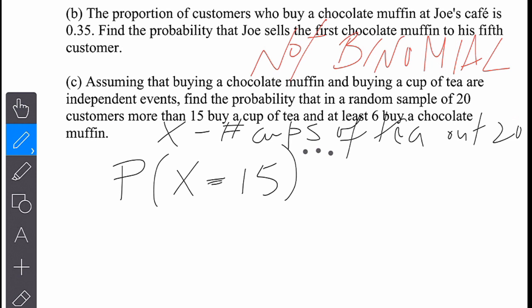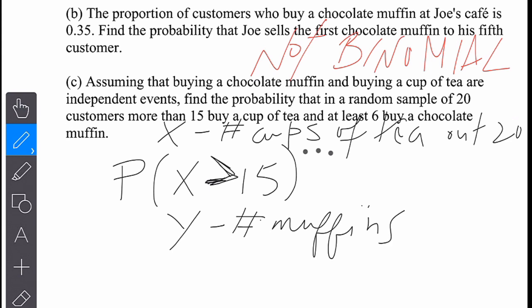So I want to know X greater than 15, and Y is the number of muffins, we're assuming people are buying one, out of 20.